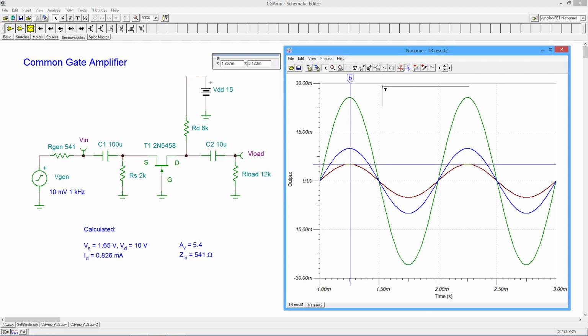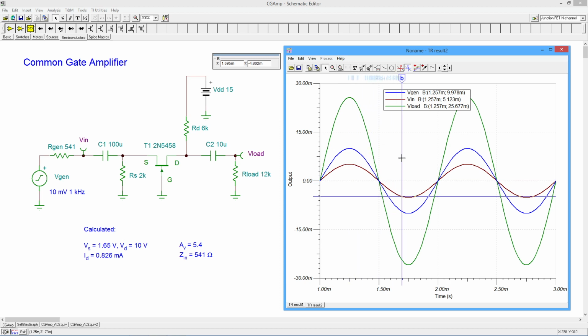As a matter of fact, let me put the legend down here just so that there's no question. So the Vin over here is the maroon, and I am going to move this around, and looky, I'm getting a smidge over 5. 5.1 something. Let's see on the negative end, same deal, roughly 5.1 in both cases. So we know that we're getting roughly half the signal, so it's not exactly 541 for our Zin, but it's pretty darn close.